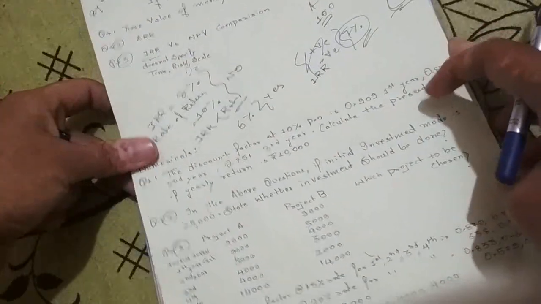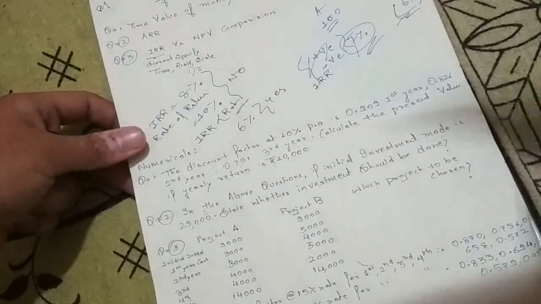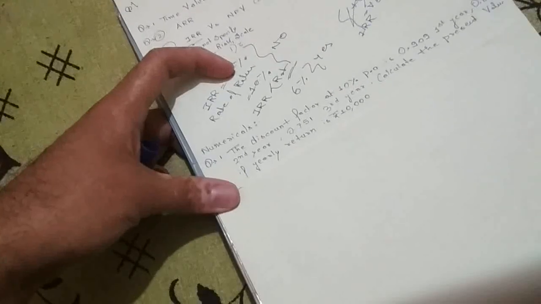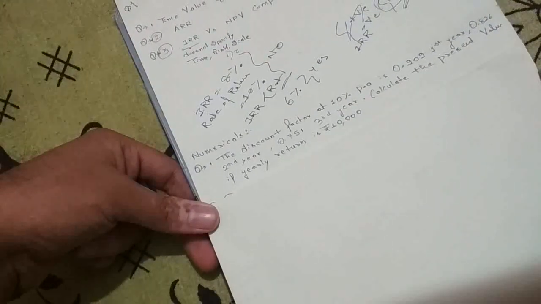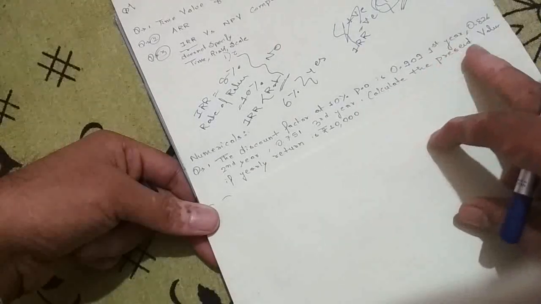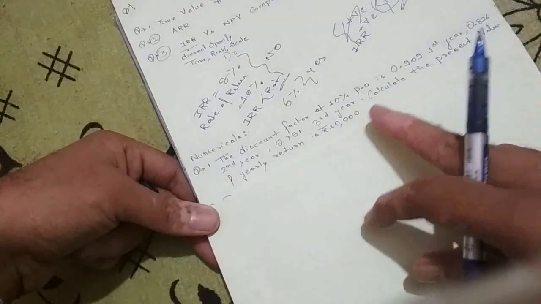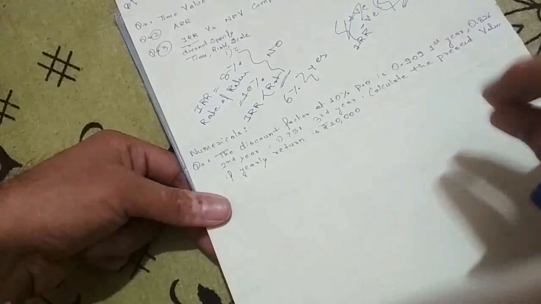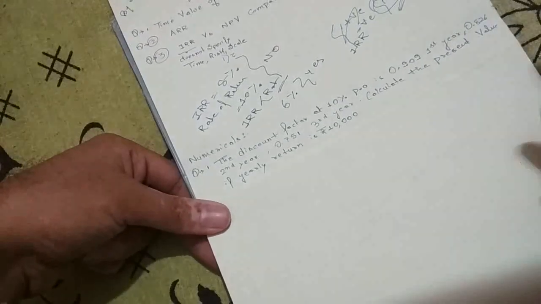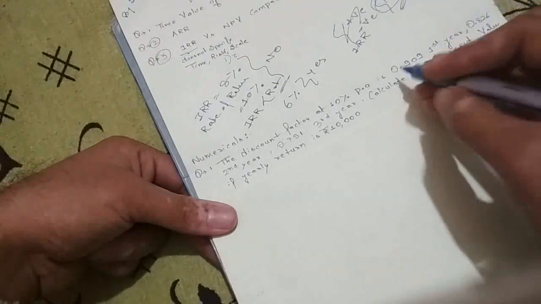So we will deal with the numericals for this chapter. The first question: the discount factor at 10% per annum is 0.909 for the first year, 0.826 for the second, and 0.751 for the third year. Calculate the present value if the yearly return is 10,000. See, in this question the discount factor is given.